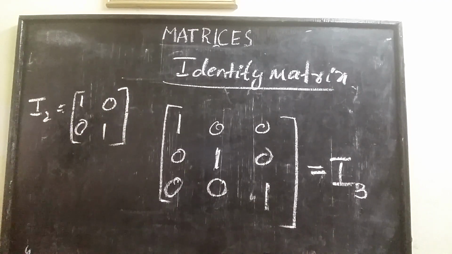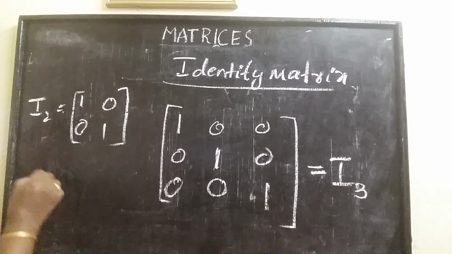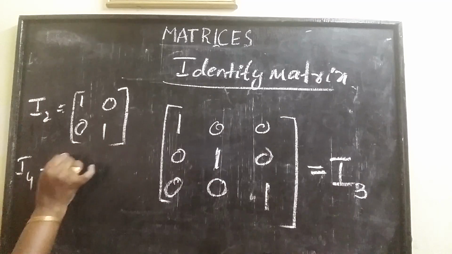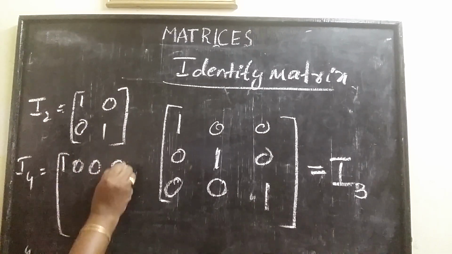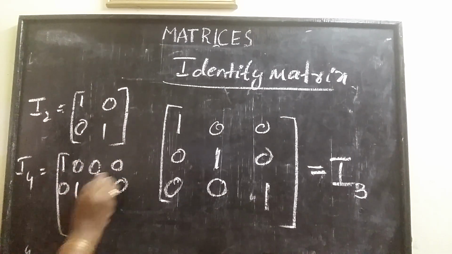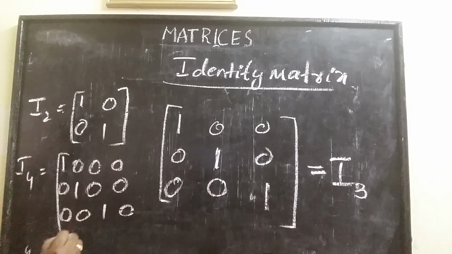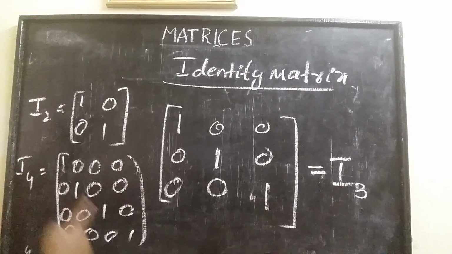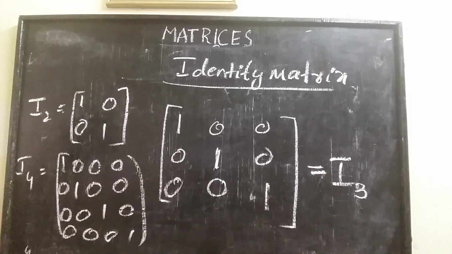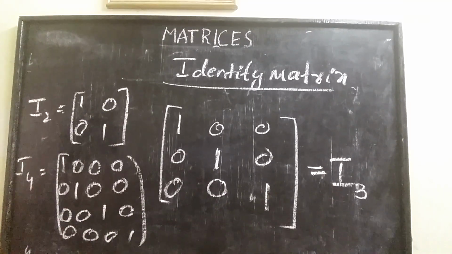If you want to write I4, it is an identity matrix of order 4, and the diagonal elements are 1 and all remaining elements are equal to zeros. Observe all diagonal elements are 1 and non-diagonal elements are equal to zeros. So this is an identity matrix.